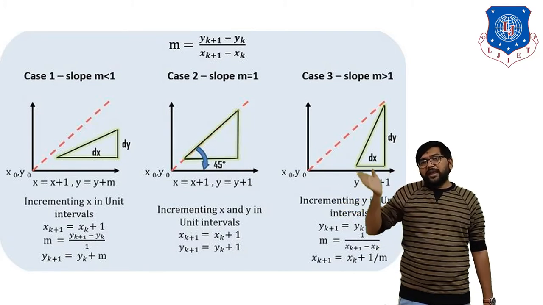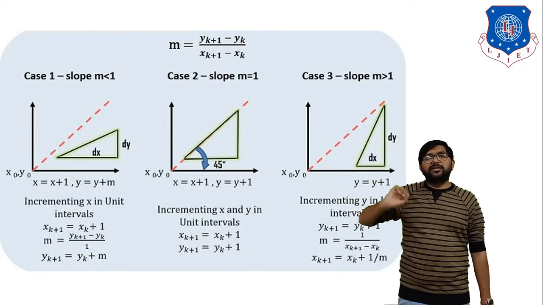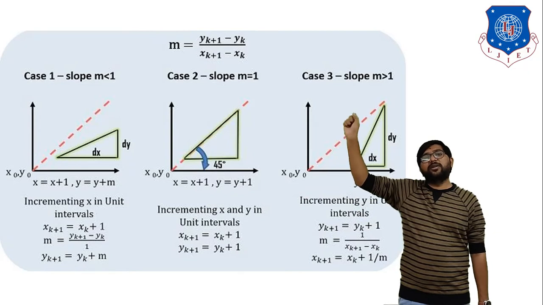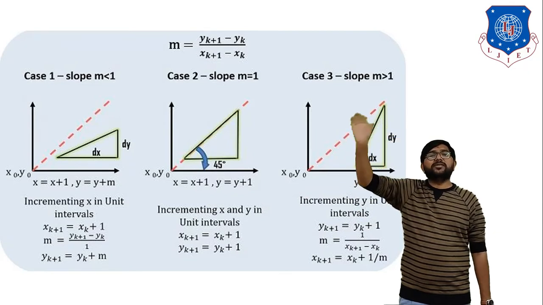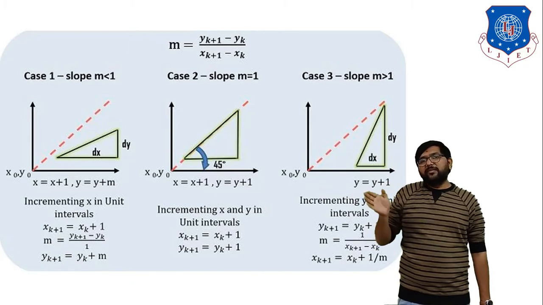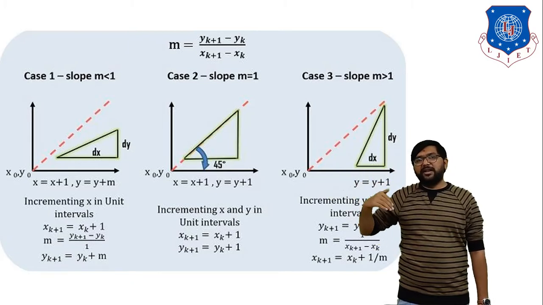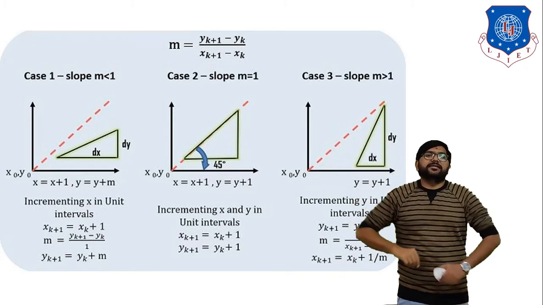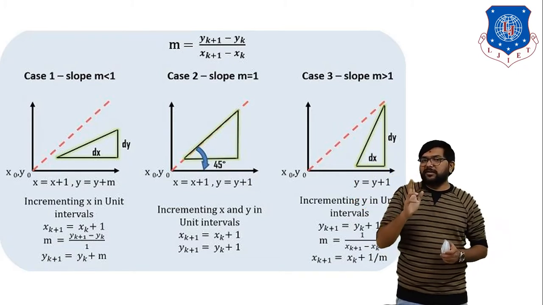At any point on the line of slope m equal to 1, both the x and y coordinates are the same. Clear? So you need to give increment of 1 unit in x coordinate as well as 1 unit in y coordinate. Got it? So this is the second case when slope is equal to 1.